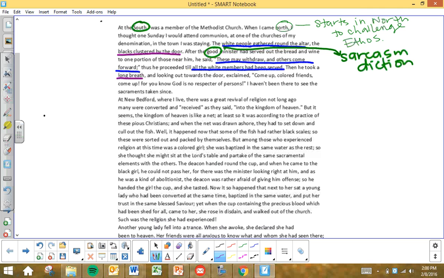Yeah, it's imagery. He's choosing his words very carefully. Remember I told you that figurative language will be several different ways. Language will have imagery: a long breath, and looking out towards the door explains.